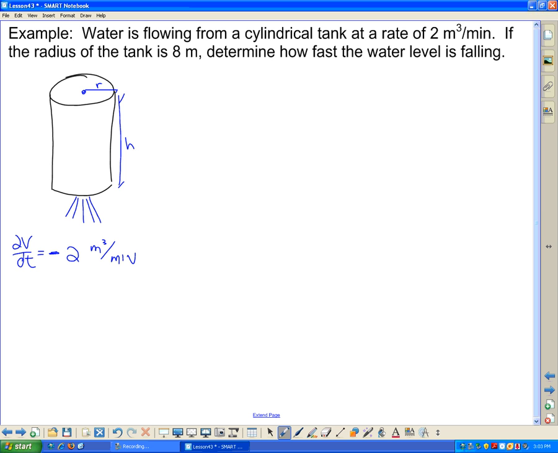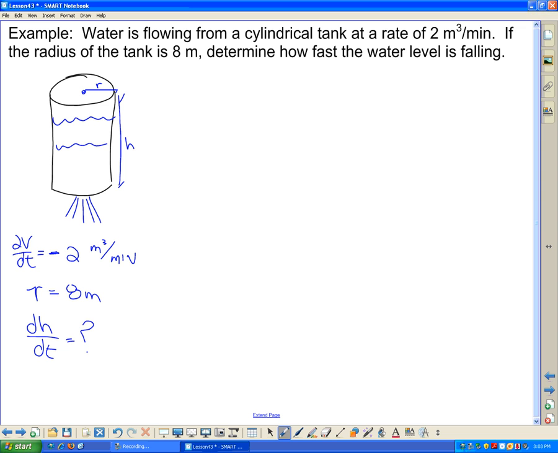If the radius of the tank is 8, determine how fast the water is falling. So that water level's there and there. What are we really looking for? Well, we're looking at how fast is the height changing with respect to time.